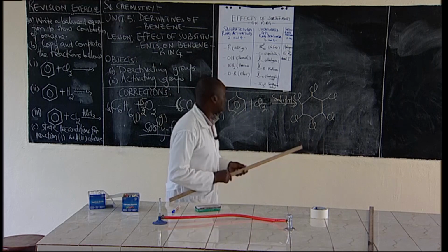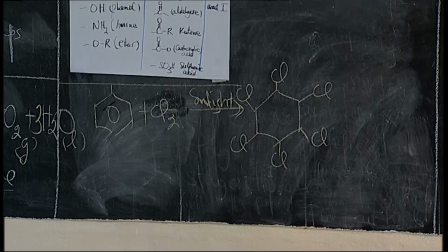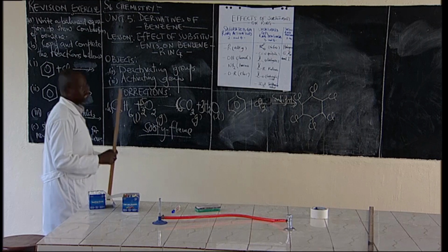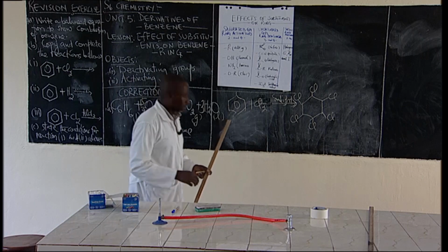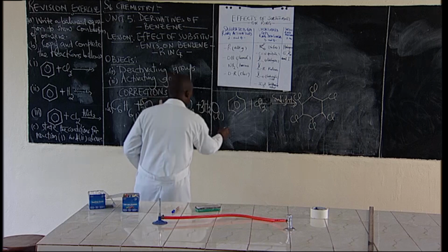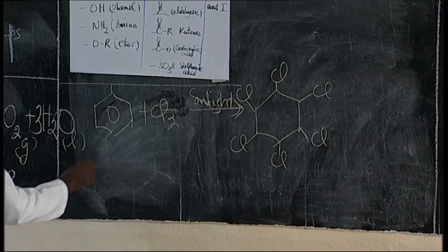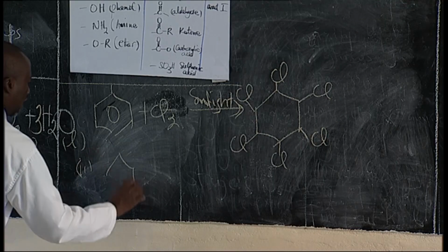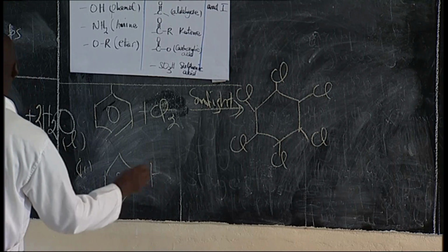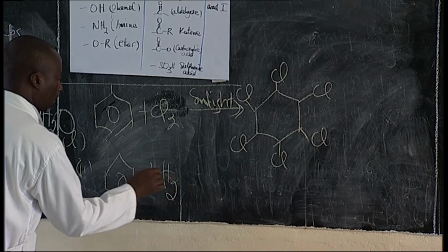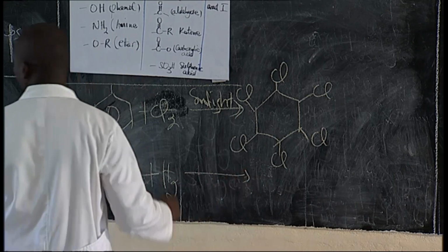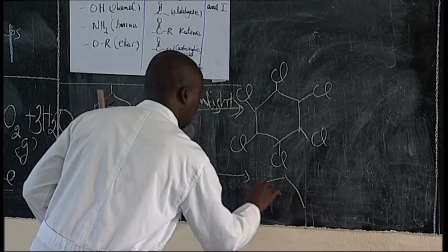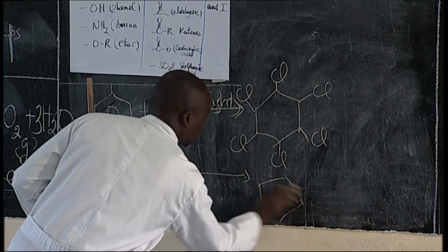If you remember, such a reaction we looked at in alkanes, free radical substitution. Then we have another reaction here with hydrogen. Similarly, benzene, that is part 2, will react with the hydrogen to produce cycloalkane. This is cycloalkane.